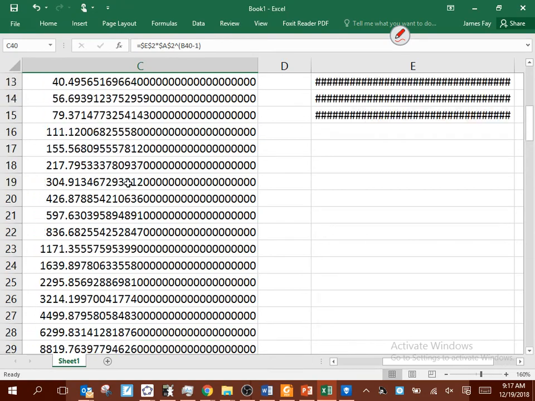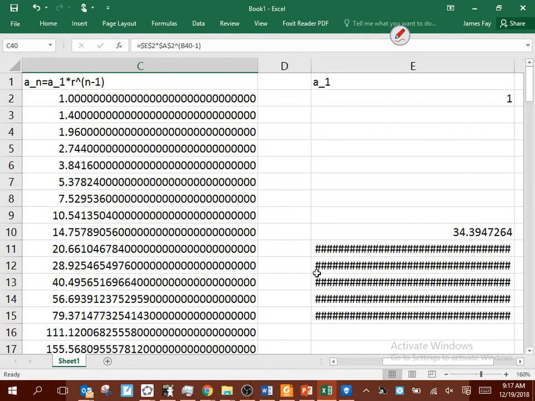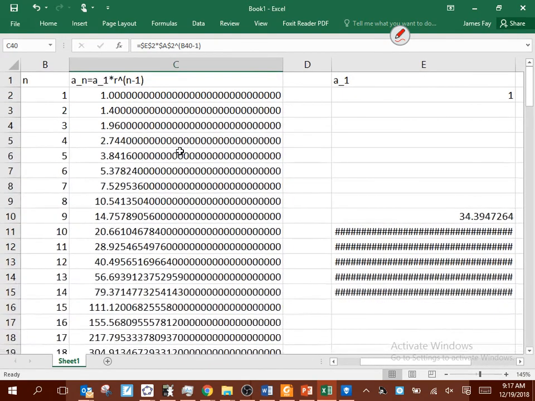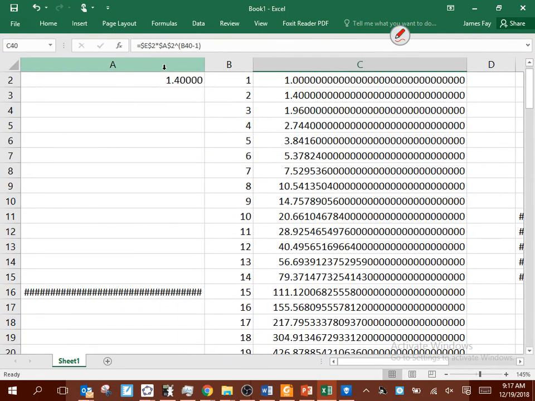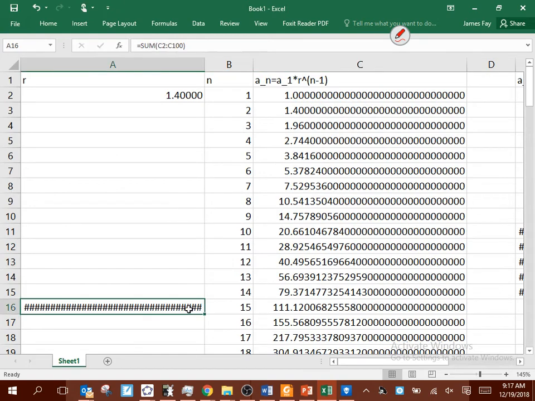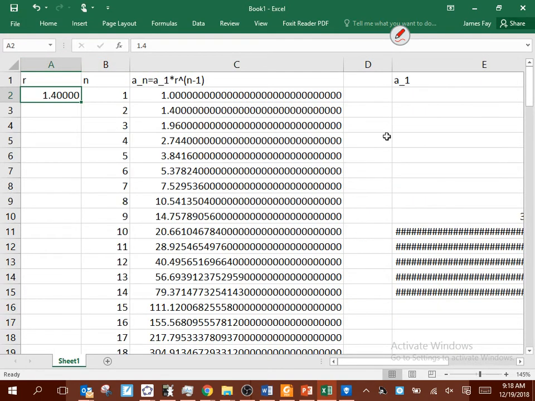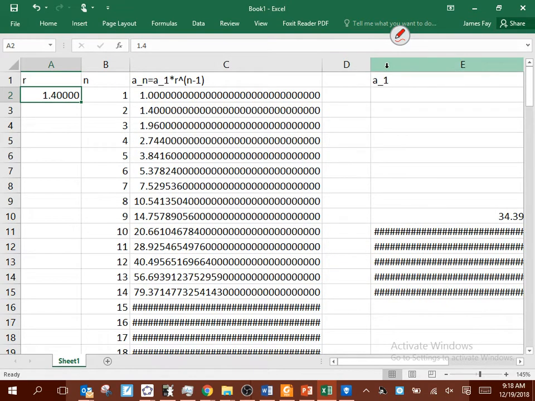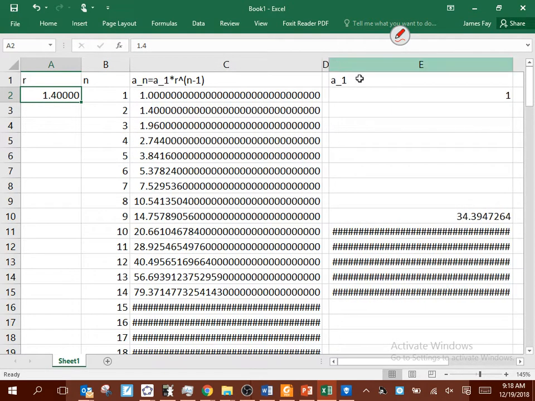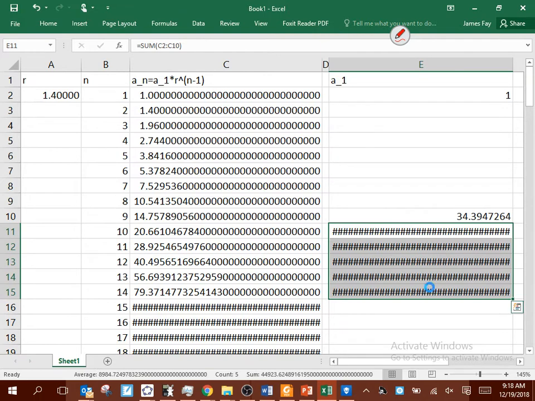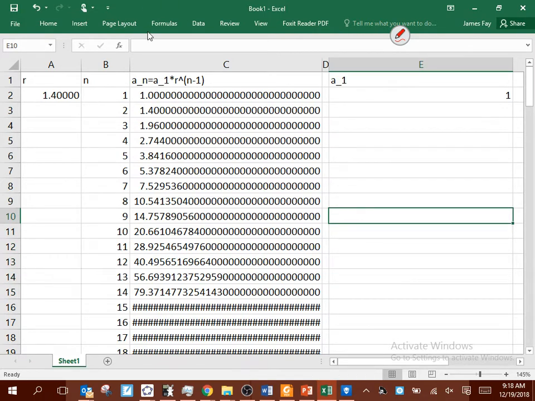I showed you guys this yesterday, but I just want to go through this again because I think it is beneficial for us all to see one more time. All I've done here with Excel is taken our R value, what was it, 3?